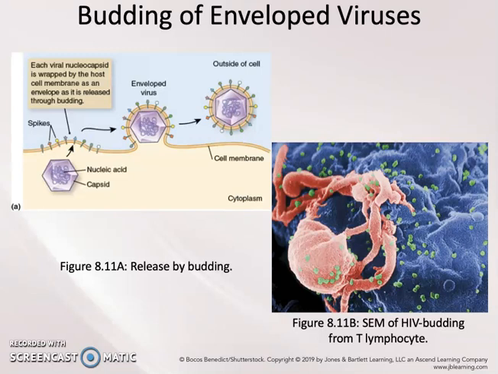This happens with enveloped viruses like HIV, which is the picture we see over here, where HIV is budding from a T lymphocyte, and the HIV is pictured in green.